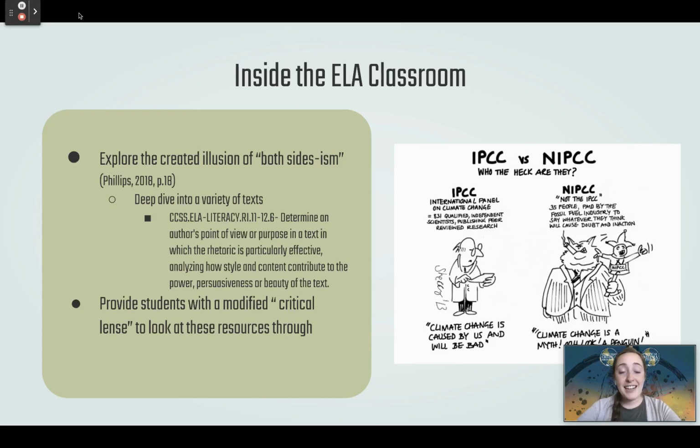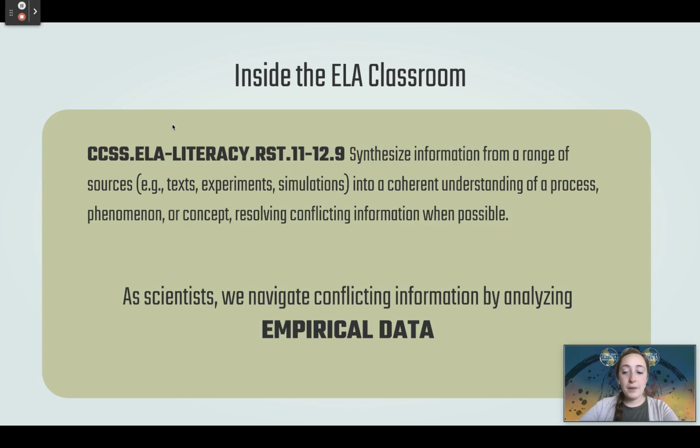And after creating and collecting a toolkit of sorts, they'll go back through and analyze the NIPCC and IPCC documents again. But even with that new lens or that new framework to look at these documents with, it's really hard to just analyze text and to be able to say, well, this is true or this is not true based upon what I know about authors.